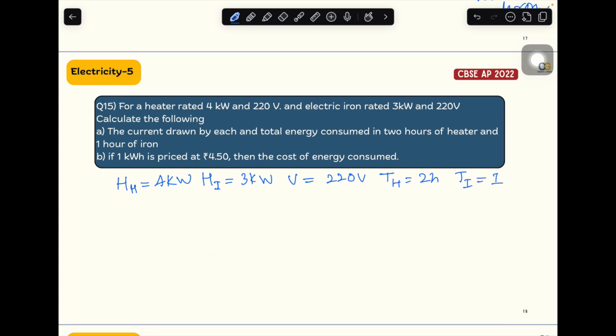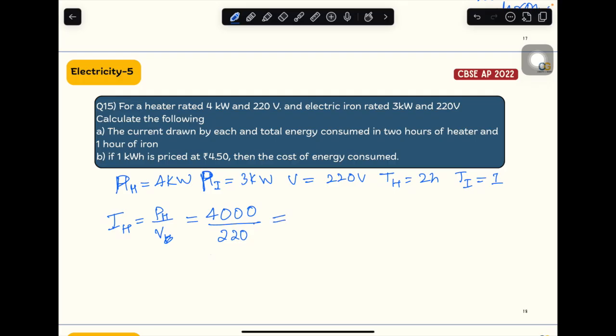Now first let us do the current drawn by each of them. The current drawn by the heater will be power by voltage. VI is power, so I will be just power by voltage. Both are operating at the same voltage, so the powers will be different. The power of the heater will be 4 kilowatts, I'll write 4000 watt by voltage, which is 220.